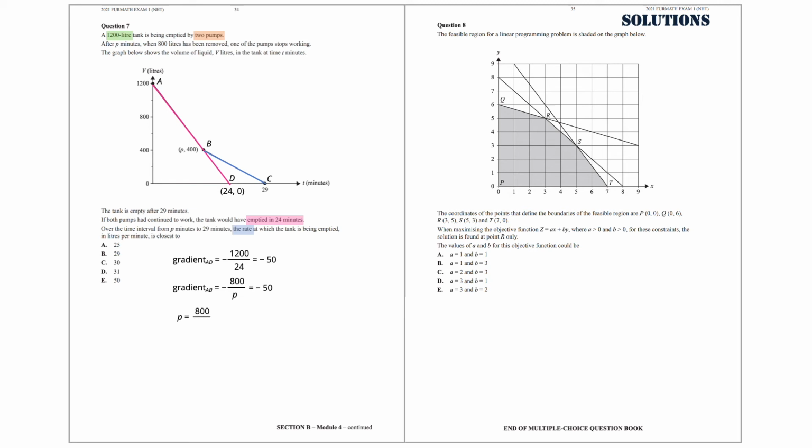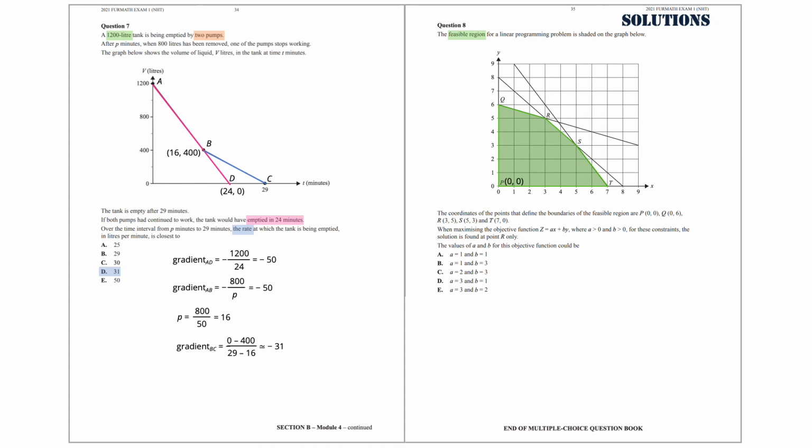in liters per minute. Now let's label the points that we need with A, B, C, and D. If we calculate the gradient of AD, that is negative 1200 divided by 24, that is negative 50. The gradient of the line AB is the same as the gradient of the line AD. Therefore, negative 800 over p equals negative 50.